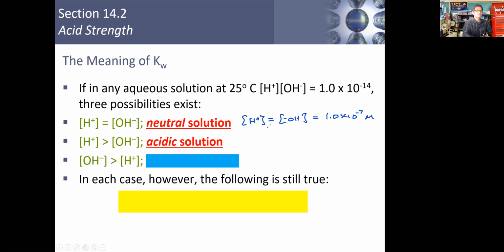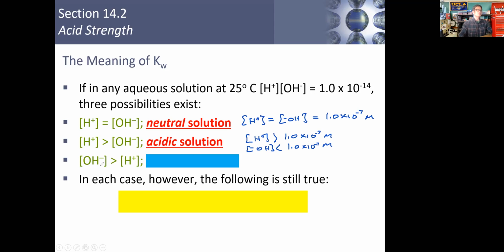We already saw that in the previous slide. For an acid solution, the hydrogen ion concentration has to be greater than 1 times 10 to the minus 7 molar. Because if they're equal, the only way we can have an acid solution is to have a hydrogen ion concentration greater than 10 to the minus 7, which means the hydroxide ion concentration has to be less than 1 times 10 to the minus 7 molar. And this has to be true for an acid solution.